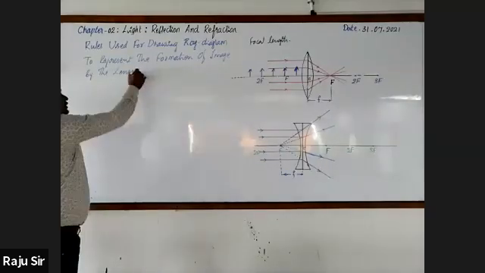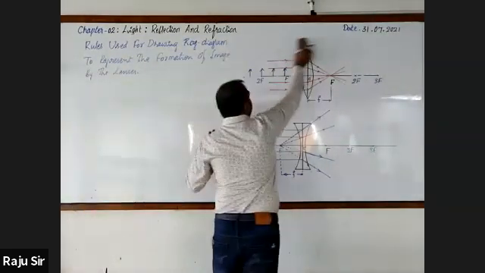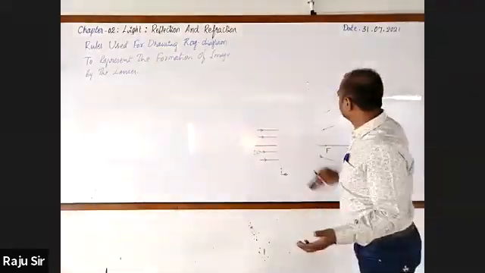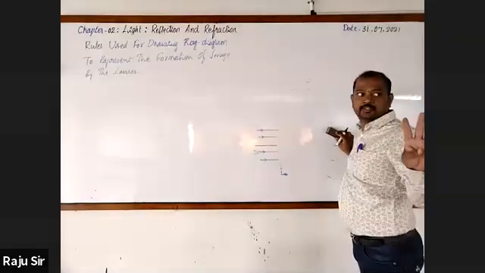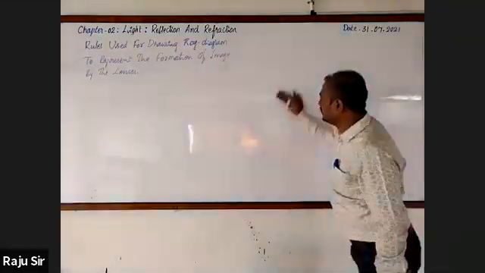In the case of mirrors, how many rules were followed? Four rules. Here, three rules are there. Let us move on to these three rules.